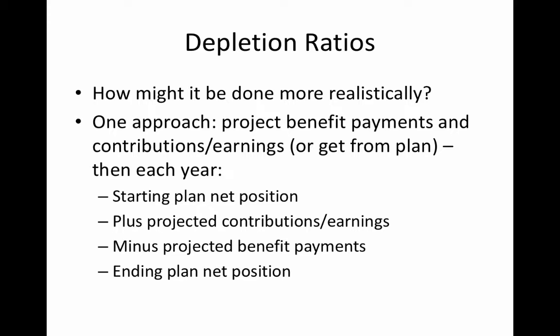Now, the other thing you need to be mindful of with the crossover point is that there's an assumption that goes into that as well, which is that the fiduciary net position they're projecting relates only to the members of the plan as of the measurement date. It doesn't take into account new members that will come into the plan and contributions related to those new members. So there will, in fact, be more assets in those plans than what is reported as fiduciary net position because it will relate to new employees.